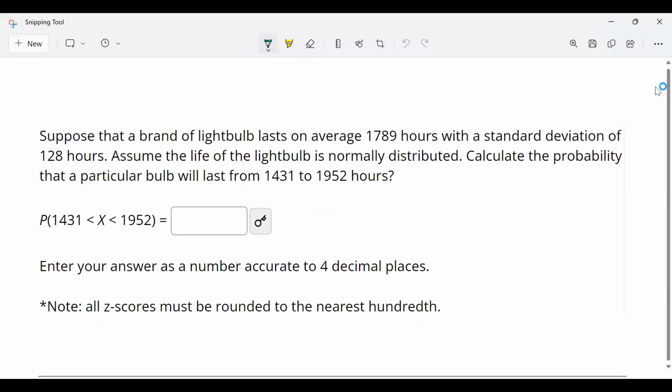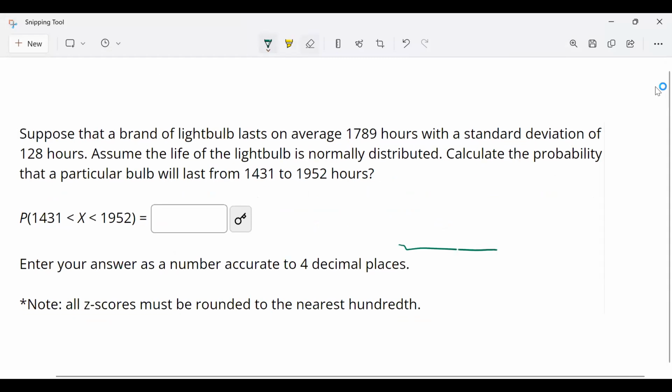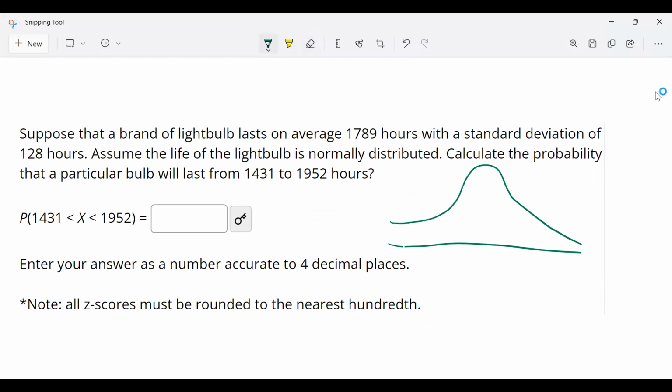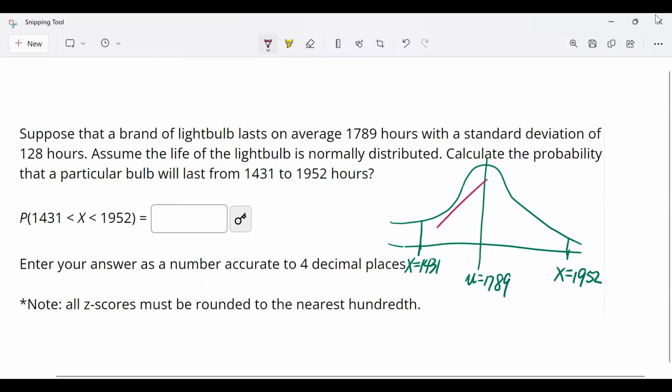So first of all, we're going to draw the bell curve and put the mean at the center, which is 1,789 hours. And we have two light bulb lifetimes, one of them is 1,952 and the other one is 1,431. Now we want the area in between.